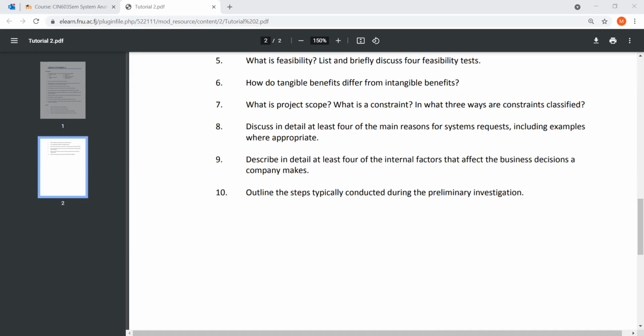A system must have effective controls to ensure that data is secure and accurate.